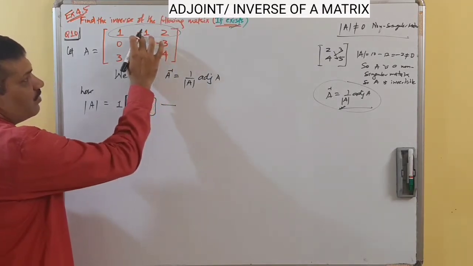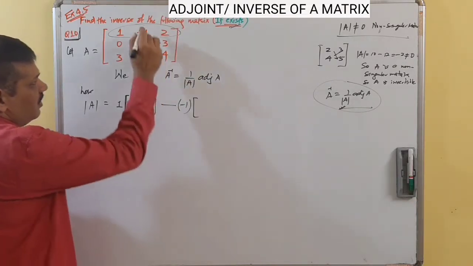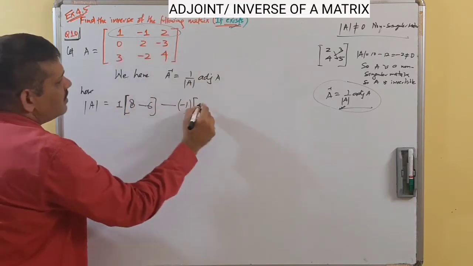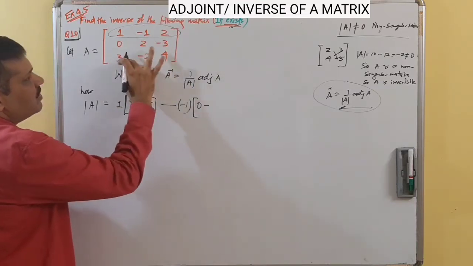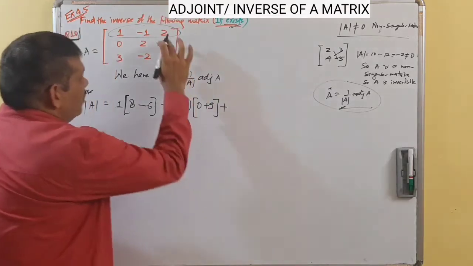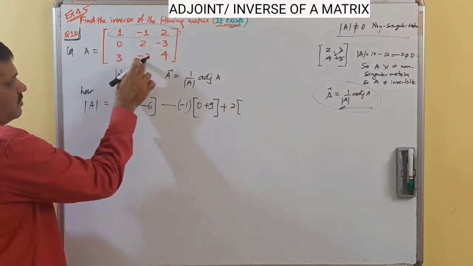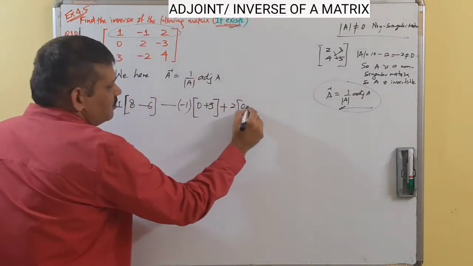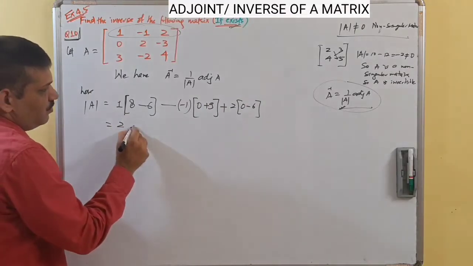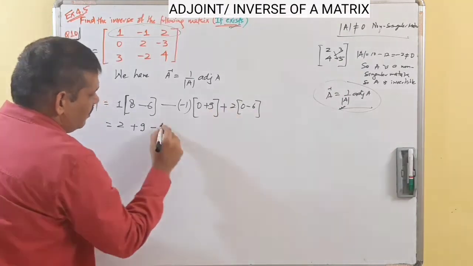Now the cofactor of this element is negative, so minus of minus 1 times, I will eliminate this row and column. So 0 into 4 is 0, minus of minus 9 is plus 9. Plus, now 2 will be multiplied by its corresponding cofactor, that is 0 minus 6. This will give us 2 plus 9 minus 12.